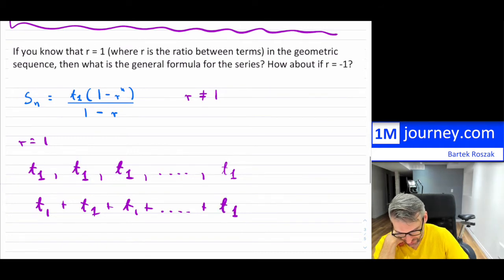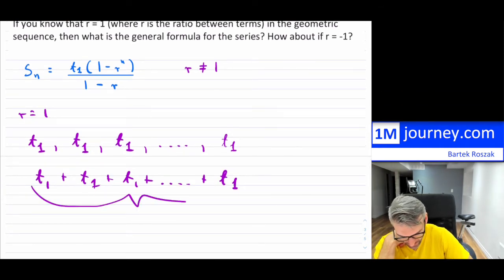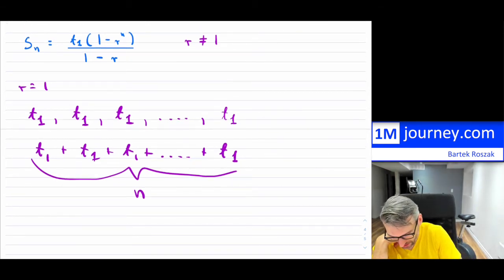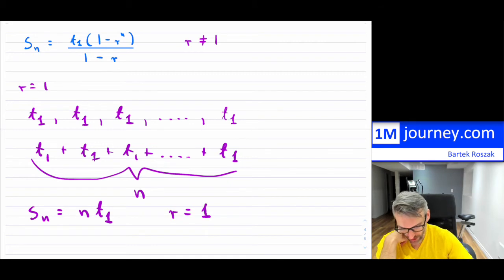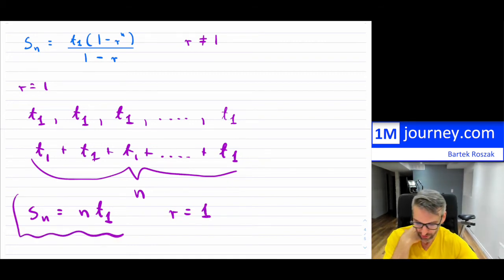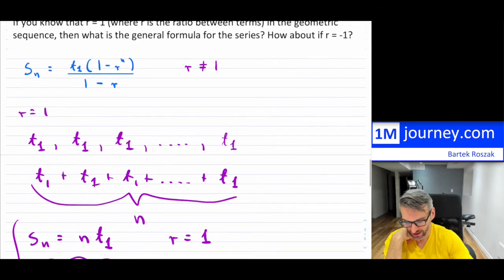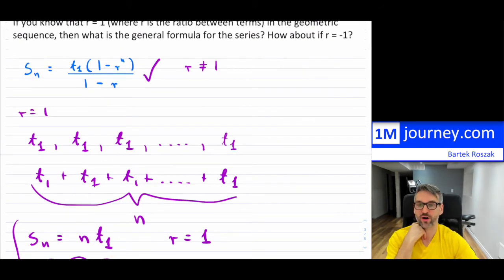How many of these do we have? We have n of these, right? So Sn is equal to n multiplied by t1, because that's how many of them you have. This is assuming r is equal to 1. That would have been the actual formula. And clearly, if we used the other formula for r is equal to 1, it just won't work, because our denominator is going to be 0. So that's why the formula is that.